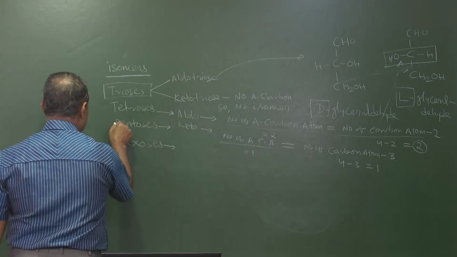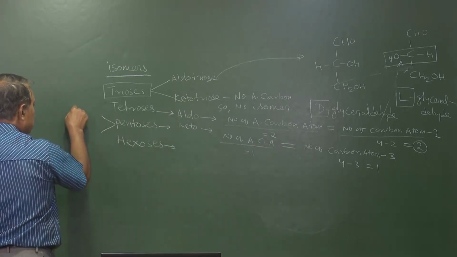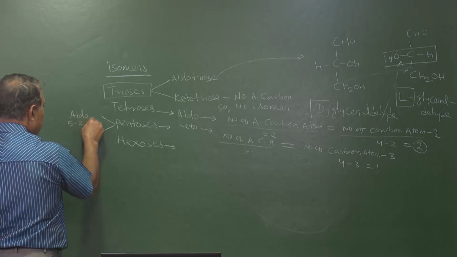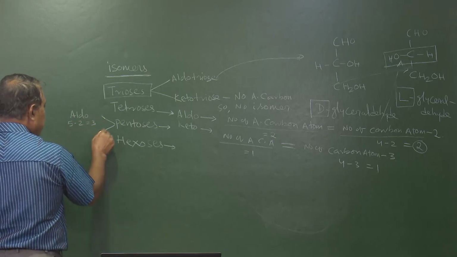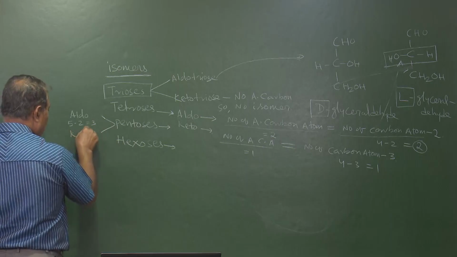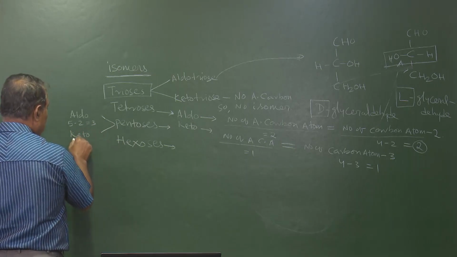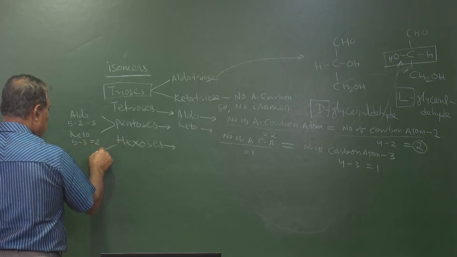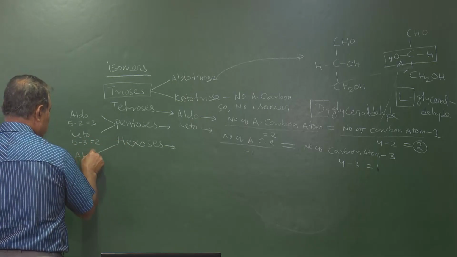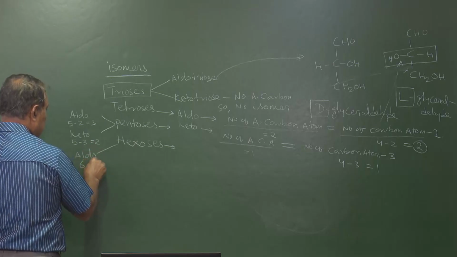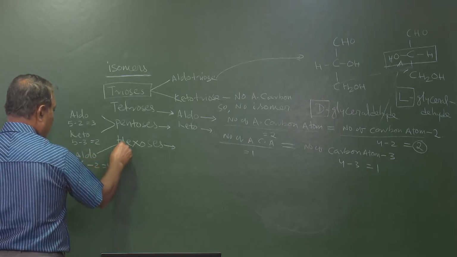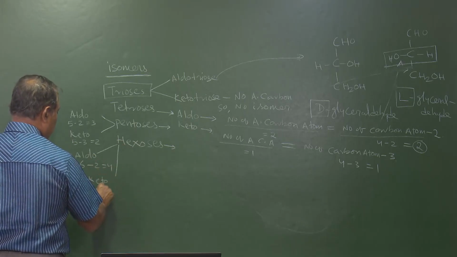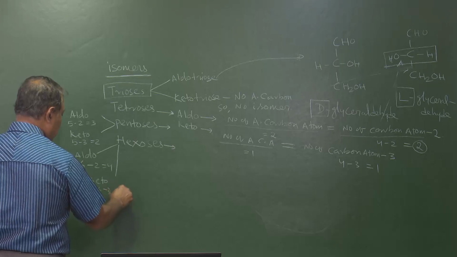When we come to pentose, if it is aldose, 5 minus 2 is equal to 3. If it is ketopentose, then it will be 5 minus 3 is equal to 2. Similarly, aldohexose will be 6 minus 2 is equal to 4, and ketohexose will be 6 minus 3 is equal to 3.